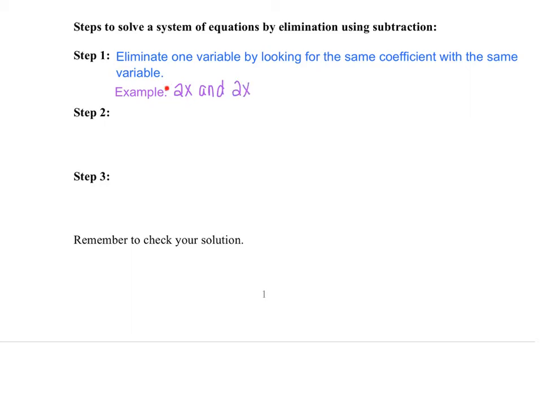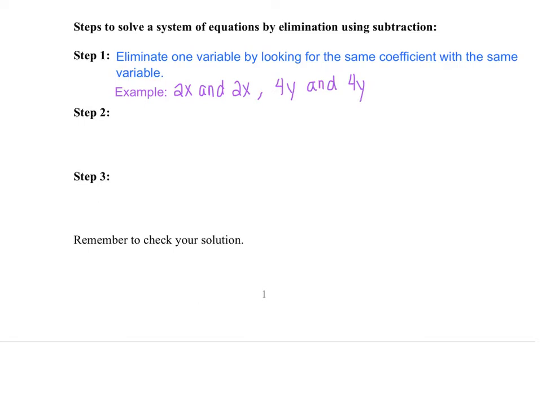Both have the same coefficient and the same variable. Another example would be 4y and 4y. Again, they have the same coefficient and same variable. Your coefficient is 4, your variable is y.